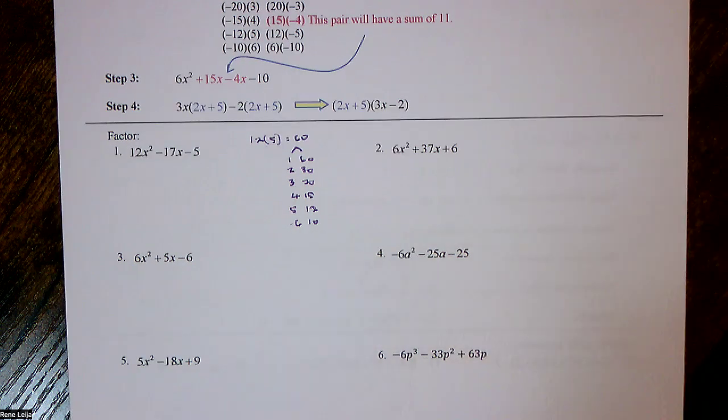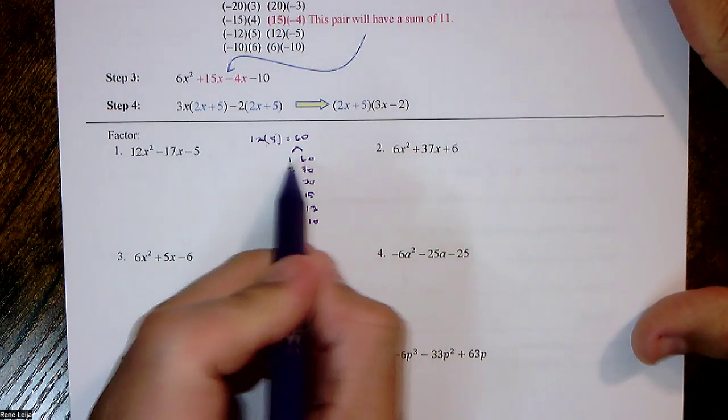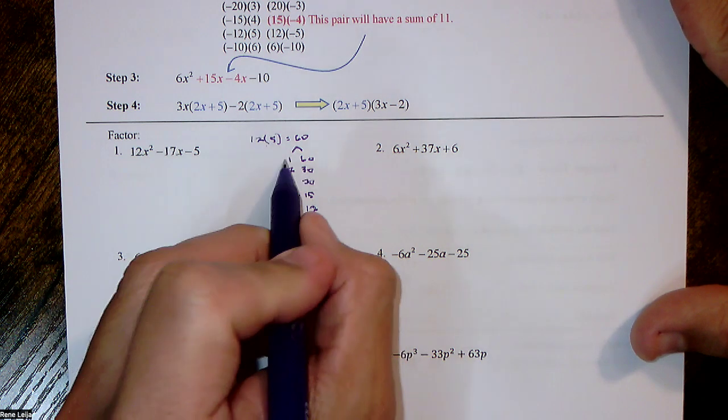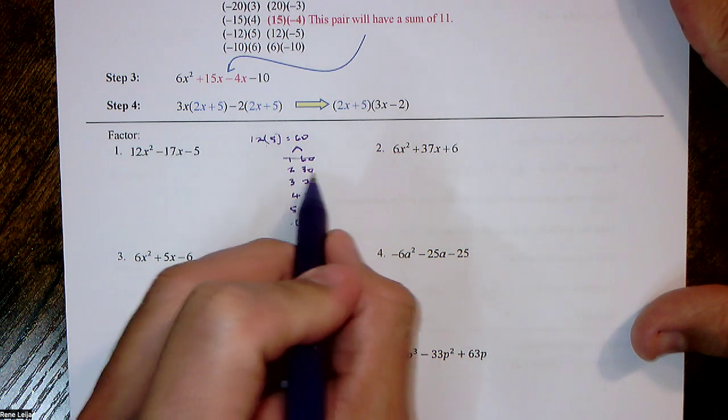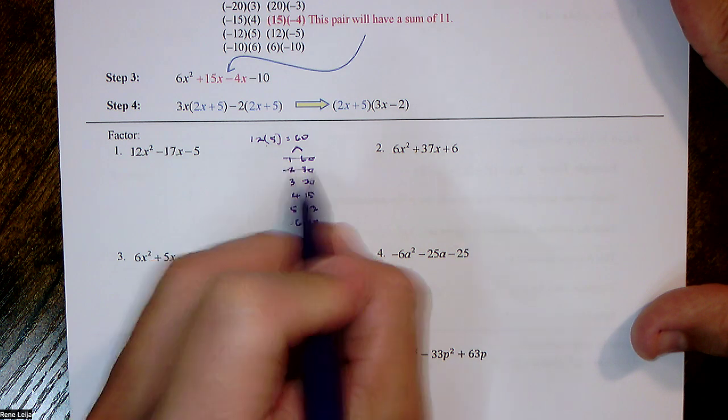Now, which set of factors could get me a 17? Well, if I add 1 and 60, I get a 61. If I subtract it, I get a 59. So that's not it. If I add 2 and 30, I get a 32. If I subtract it, I get a 28. That's not it.